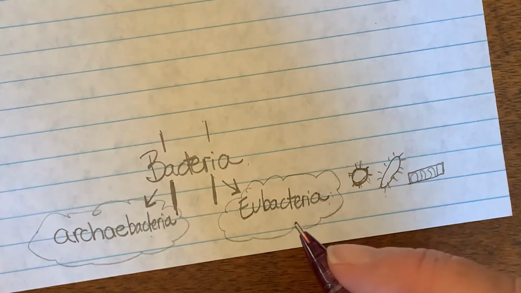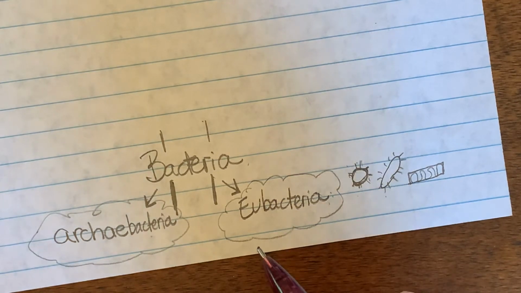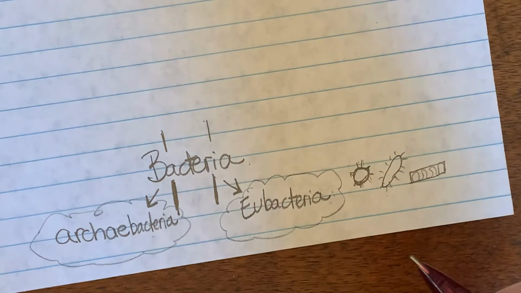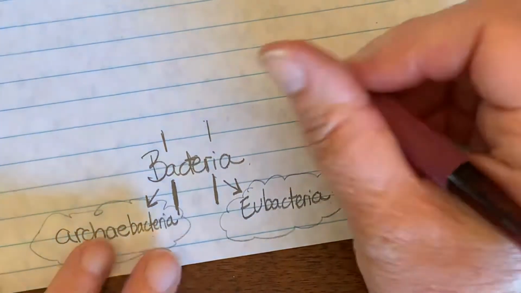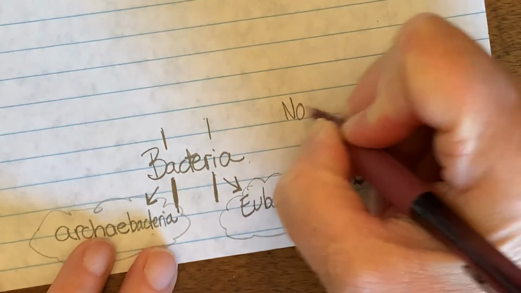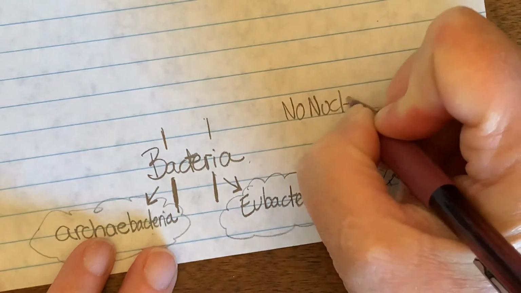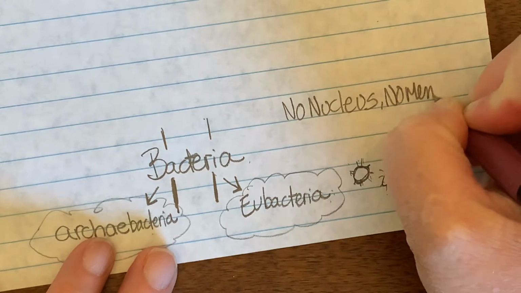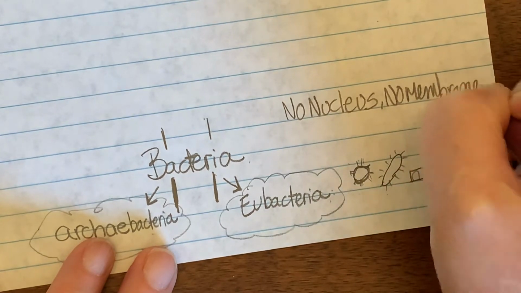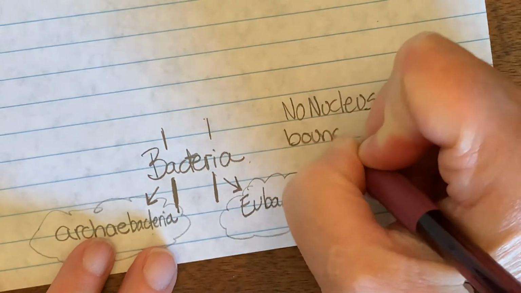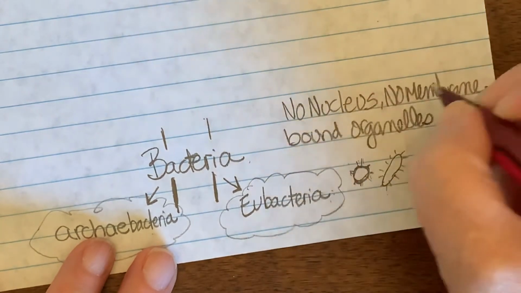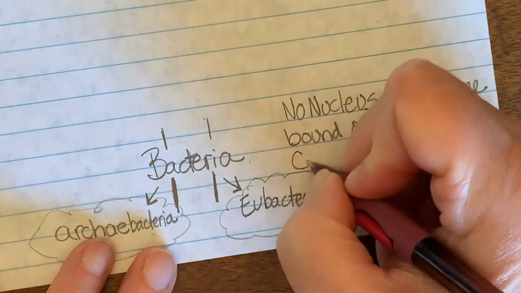Remember, bacteria's claim to fame is that they have no nucleus and no... well, they have a couple things. They have no nucleus, they have no membrane-bound organelles, and they have circular DNA.